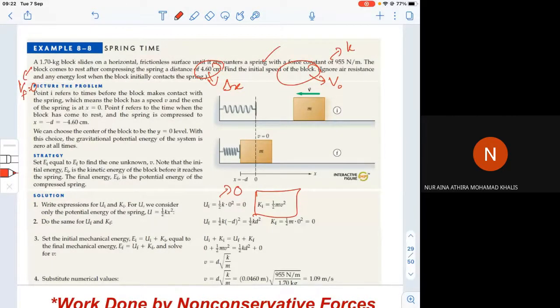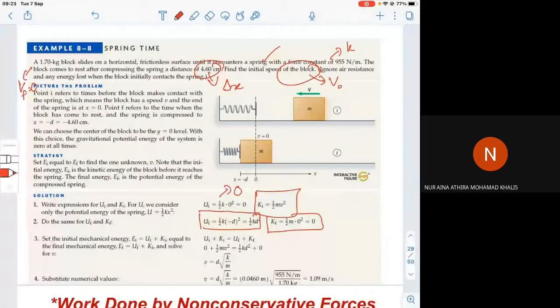At the final point, it becomes half k d squared, or half k x squared, for the potential, and the final kinetic energy is equivalent to zero, because the block has been stopped by the spring, and because of that the spring is compressed. So at that moment, every value of energy from the kinetic energy has been transferred to the potential energy of the spring.